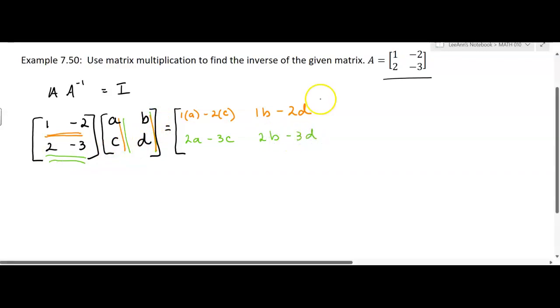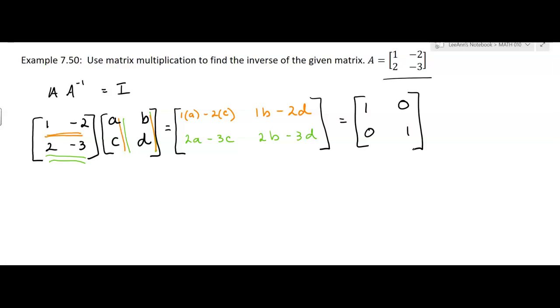So hopefully that makes sense to you with the multiplication. I mean, we've been practicing that. But when we multiply a matrix times its inverse, it has to equal the identity. Now, we didn't really talk about the equality of matrices, but if 2 matrices are going to be equal, then each element has to equal the corresponding element.